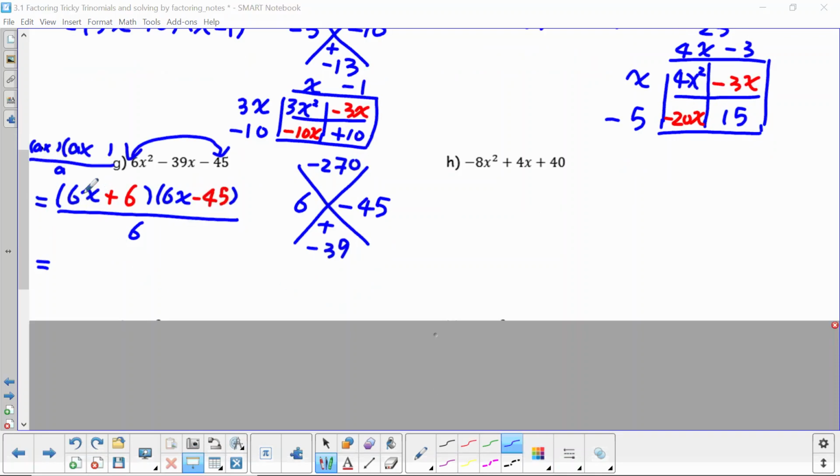Then you're going to common factor each bracket. So 6x plus 6, you have common factor 6. And 6x minus 45, we have common factor 3.